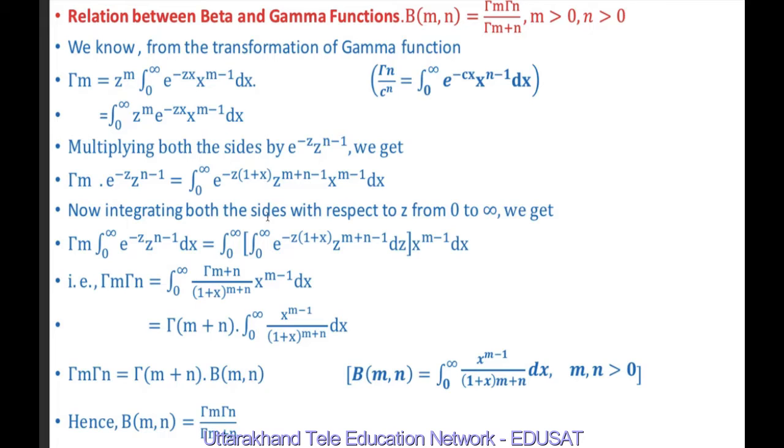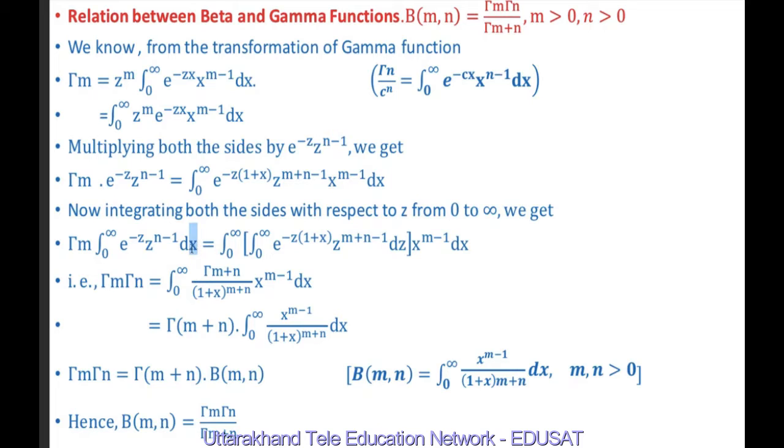Now integrating both sides with respect to z and taking the limits from 0 to infinity, we get gamma m. We are integrating with respect to z, so this is constant and we may write it outside the integral sign: 0 to infinity e raised to power minus z, z raised to power n minus 1 dz, because we are integrating with respect to z.